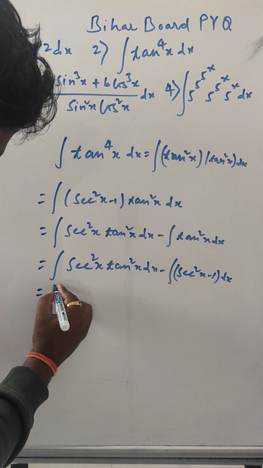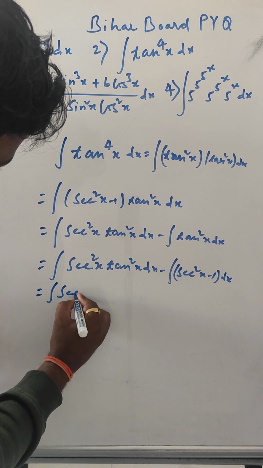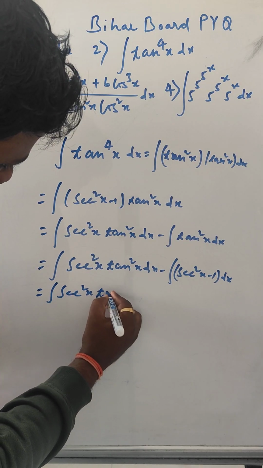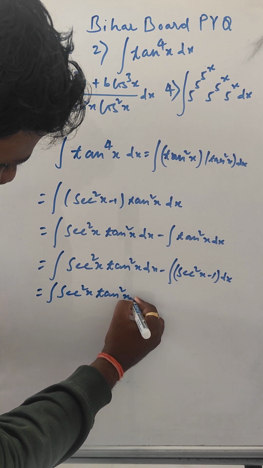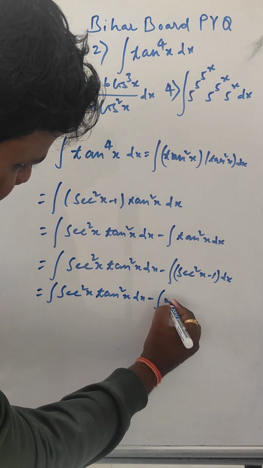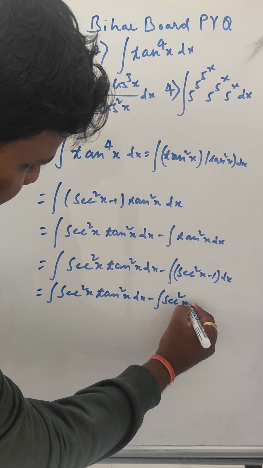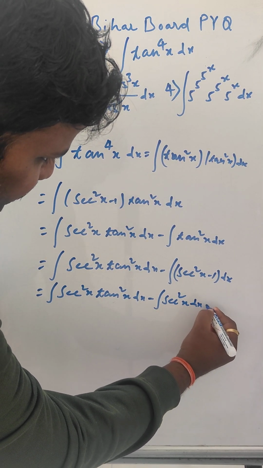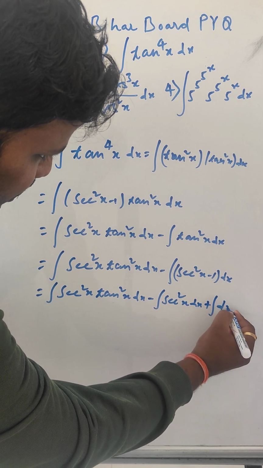So here it is sec^2 x tan^2 x dx minus sec^2 x dx plus dx.